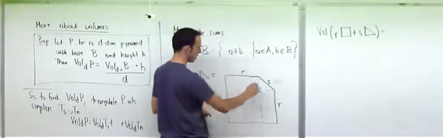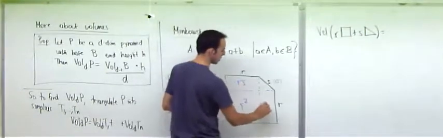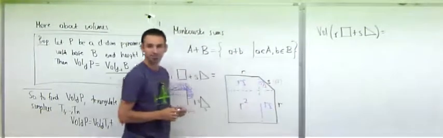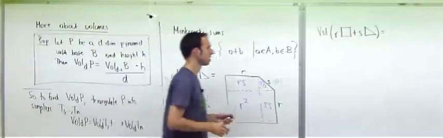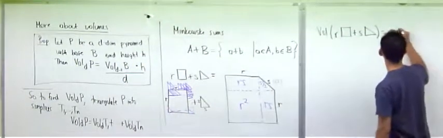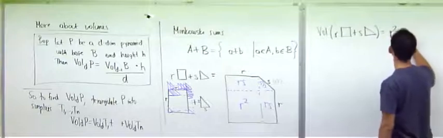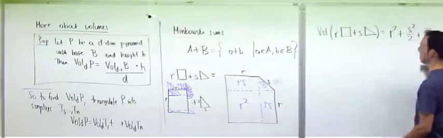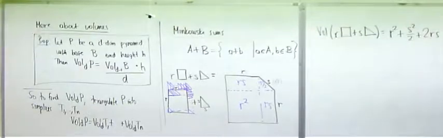This is R times S. This is R times S. And this is S squared over 2. R squared plus S squared over 2 plus 2RS. Okay? Okay, that's fine.